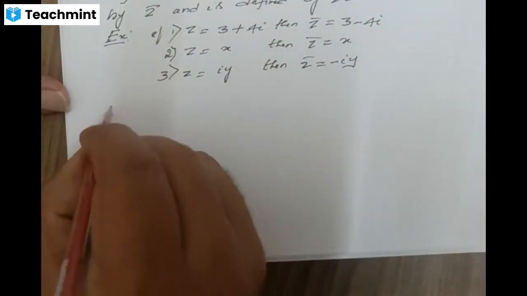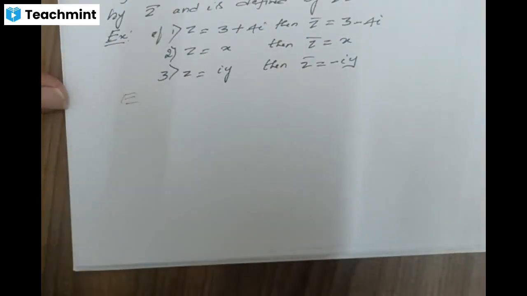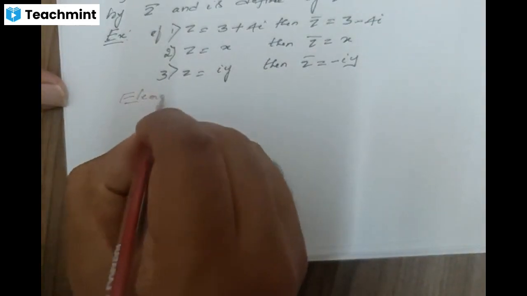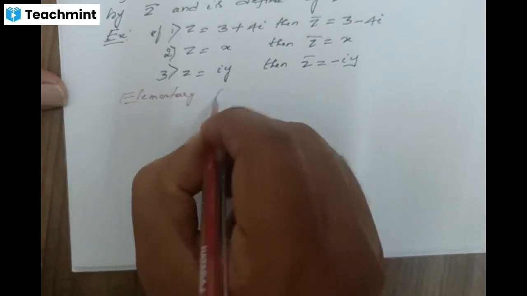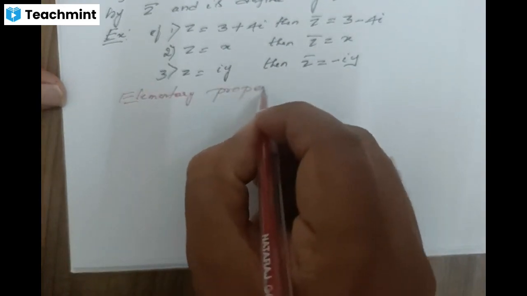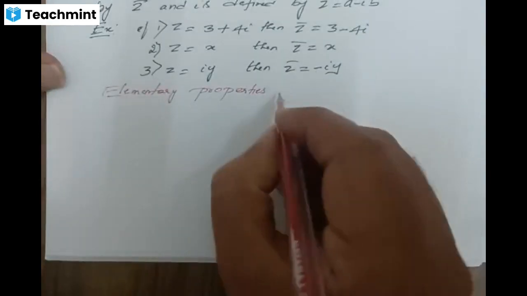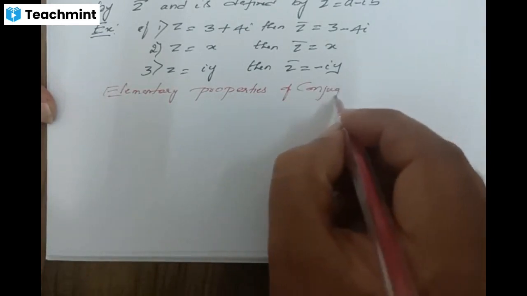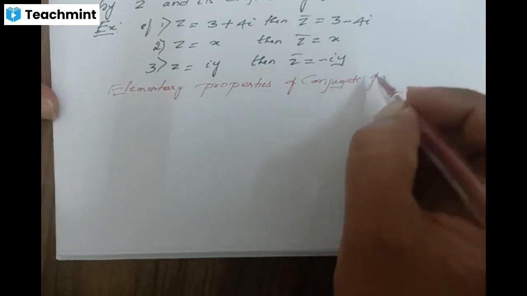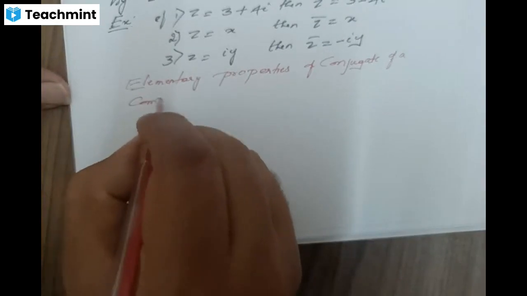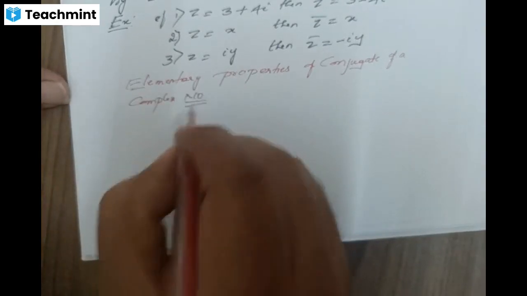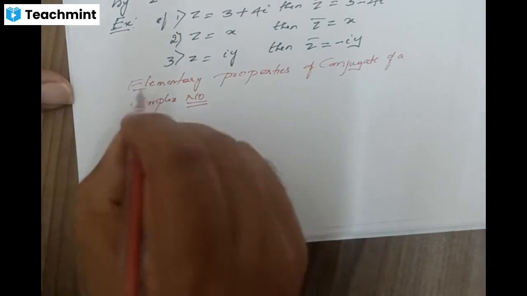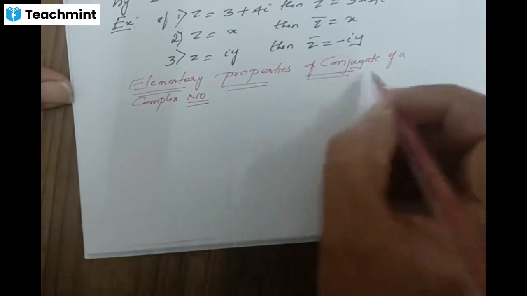Next, side heading: elementary properties of conjugate of a complex number.